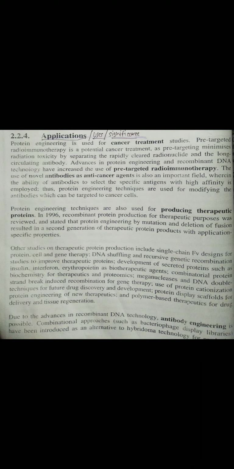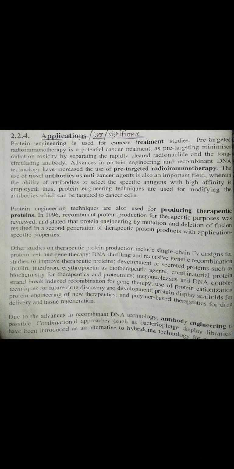For example, we have to target the prostate gland to cure prostate cancer. So pre-targeted radioactive agent or radiation is applied particularly on the prostate gland, and this is pre-targeted radioimmunotherapy in cancer.